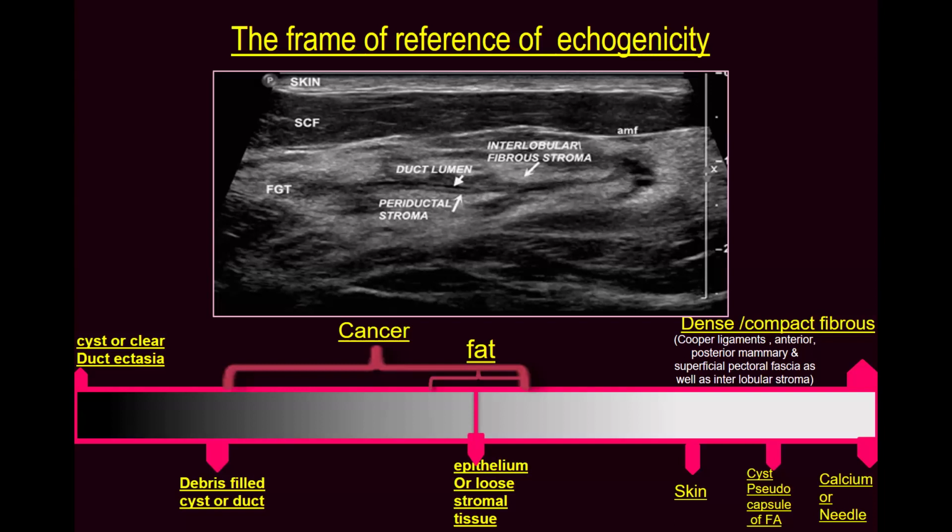We said when we adjust our ultrasound machines, the fat, the epithelium, and the loose stromal tissue are seen as medium gray.